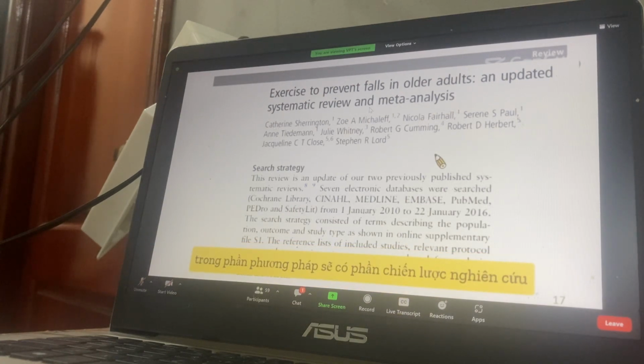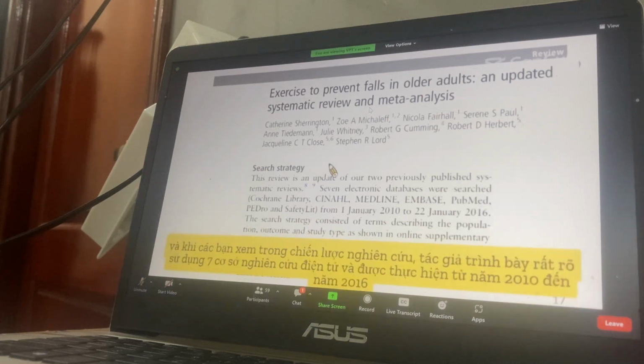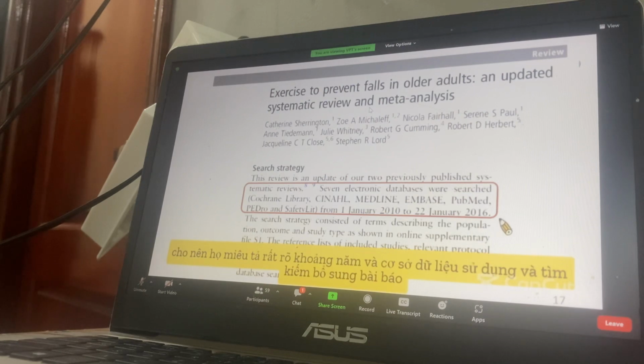In the method section, there will be a search strategy section. And what you can see here is in the search strategy, the author clearly points out that they searched 7 electronic databases, including these 7 databases from the year 2010 to 2016. So they clearly describe the time period and the databases they use to search for additional articles.